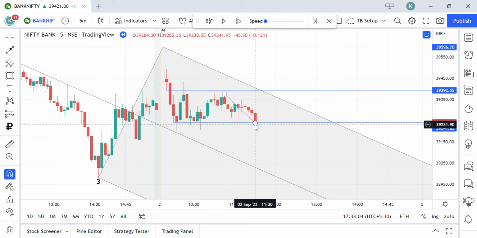So the question is, will the sellers be able to create a bump down and then touch the inward frequency of this pitchfork, or will the buyers hold the position here and then take the price up? We still don't know. So let us see how price displays further.